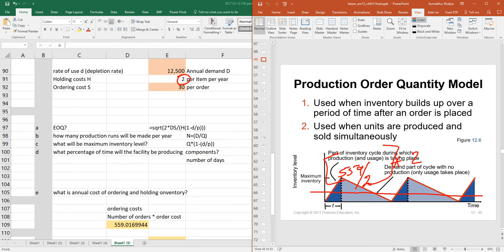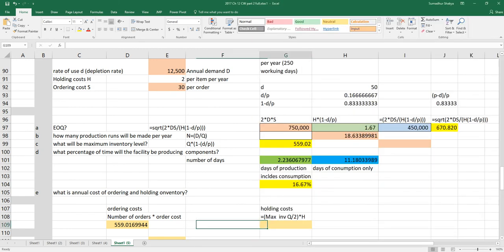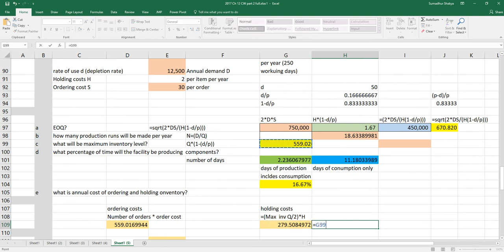So let's say equals the maximum inventory we reached divided by 2, and I'm going to multiply it in the numerator. Let me do this again: equals 559 divided by 2, and then this number needs to be multiplied by the storage cost of 1 unit for the whole year, which is $2.